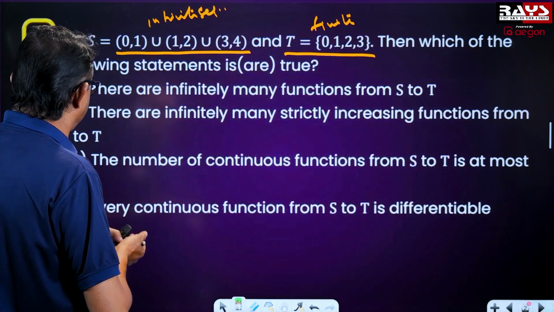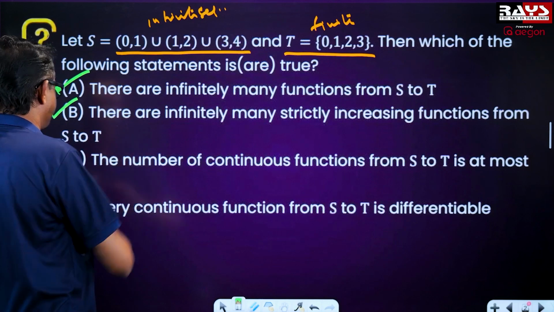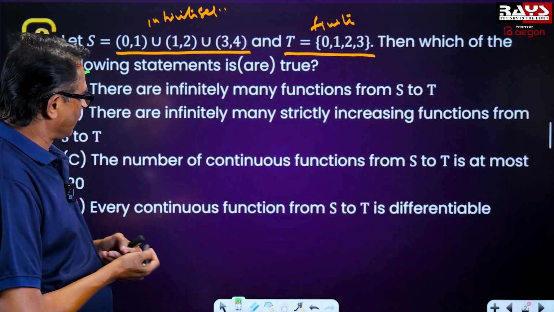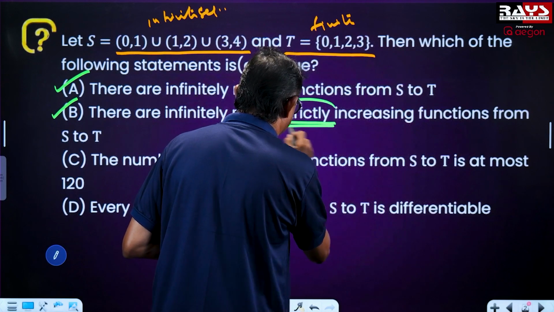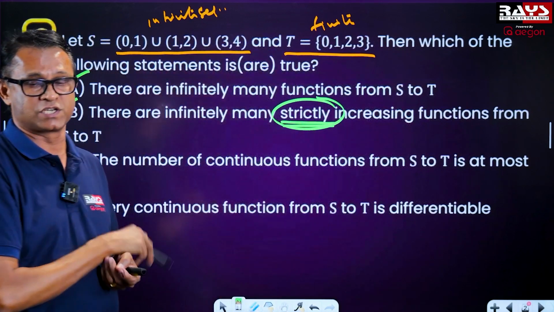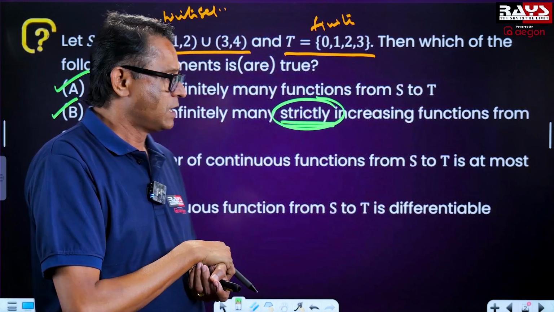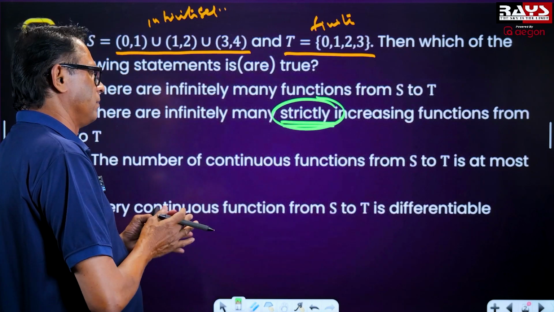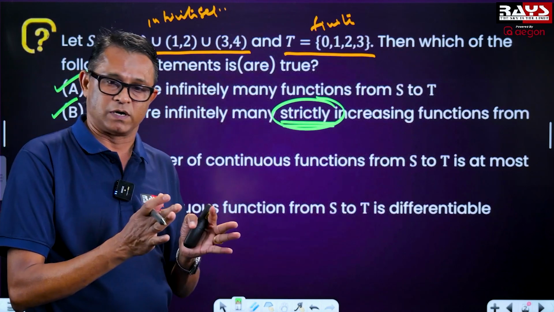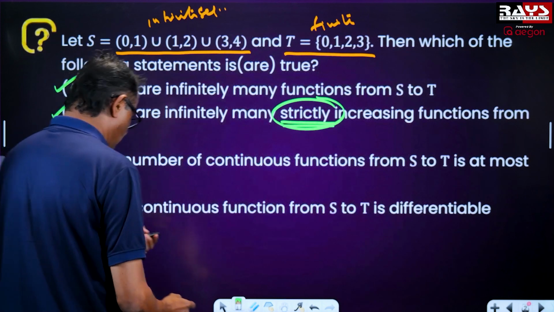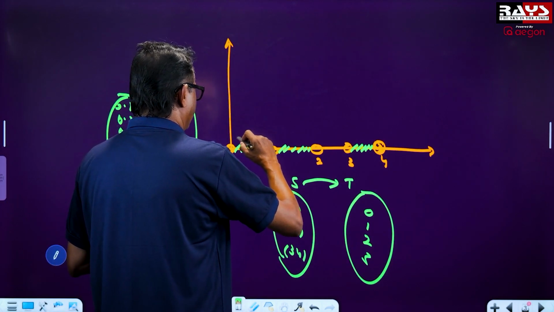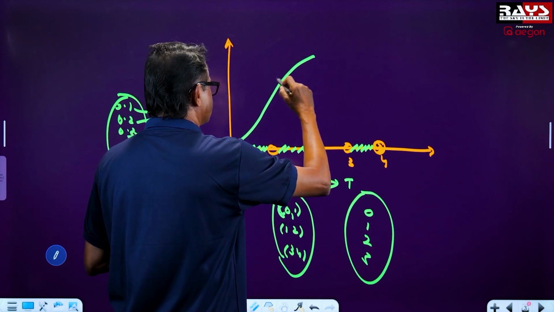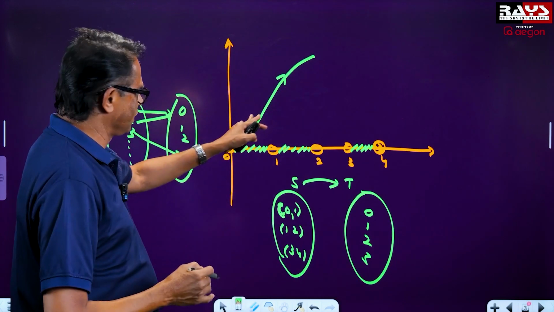Now look at the next option, option B: there are infinitely many strictly increasing functions. The word strictly increasing is very important. Suppose I draw a function like this. This is a strictly increasing function, just drawn as an example.